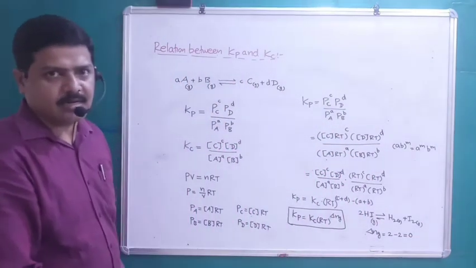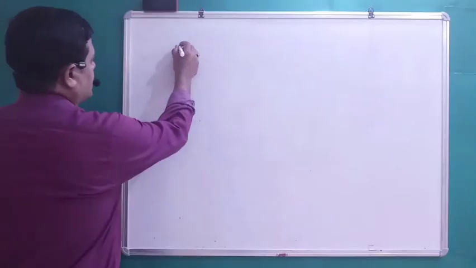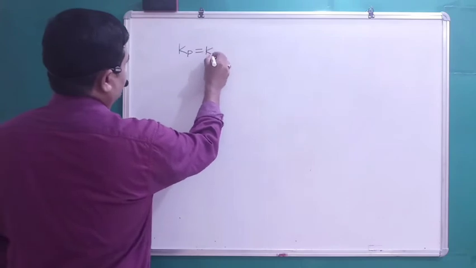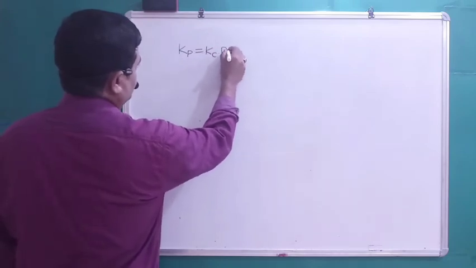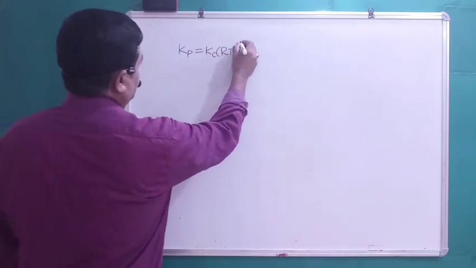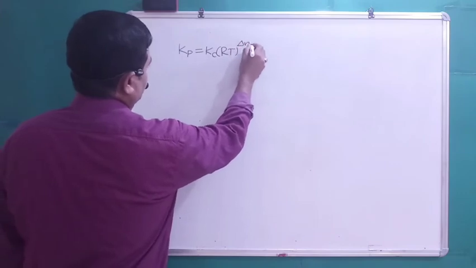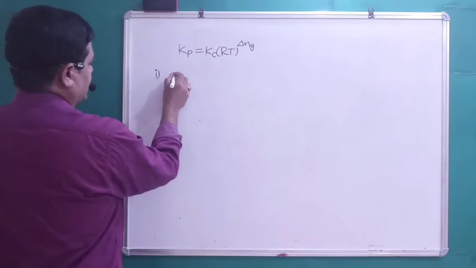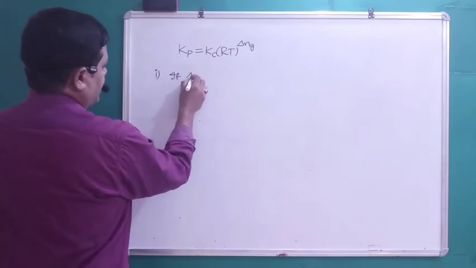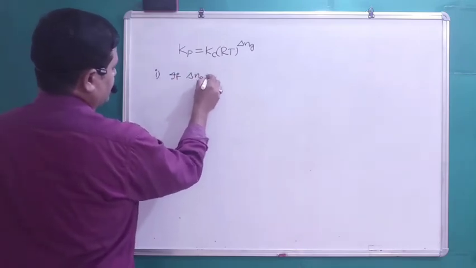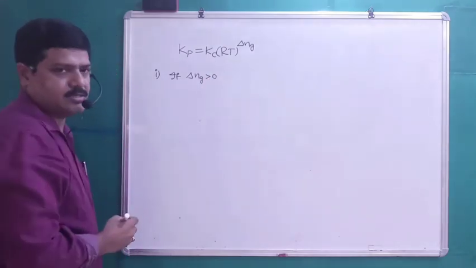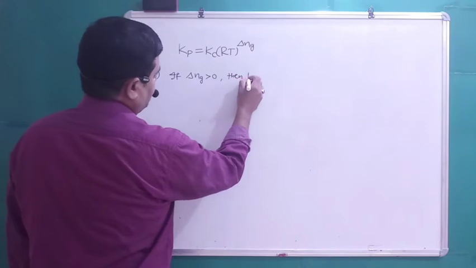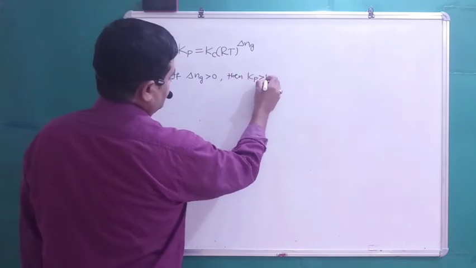Next let us see the conditions. Kp is equal to Kc into (RT) power delta Ng. First condition, if delta Ng is greater than 0, that is, the delta Ng value is positive, then Kp is greater than Kc.